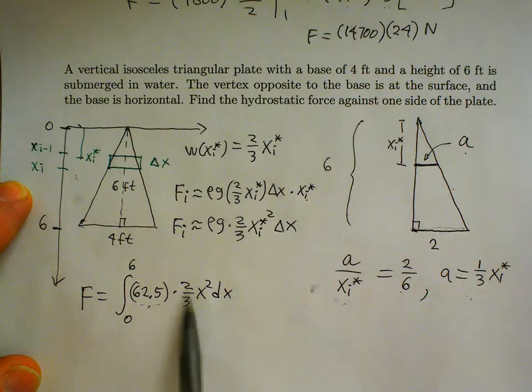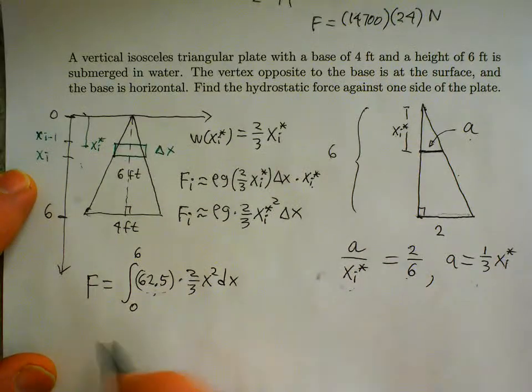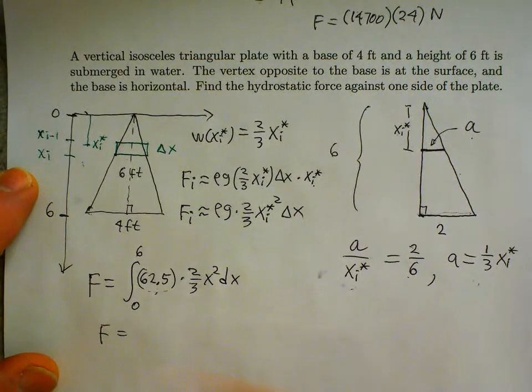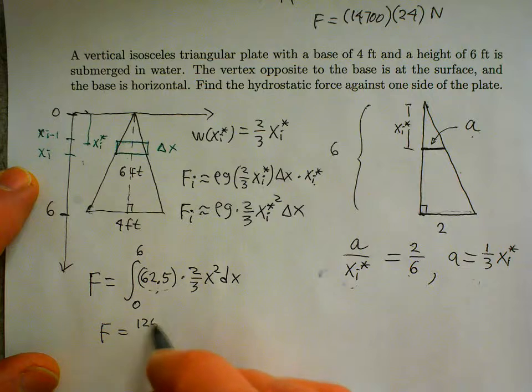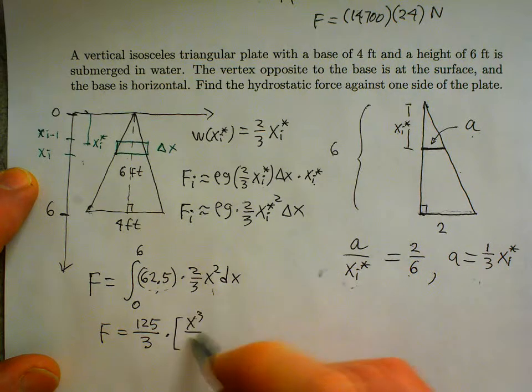Okay, 2/3 times 62.5, let's write that as 125 over 3. And then an antiderivative of x squared is x to the 3rd over 3.